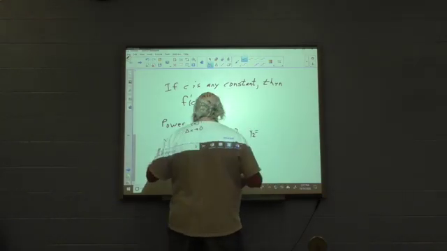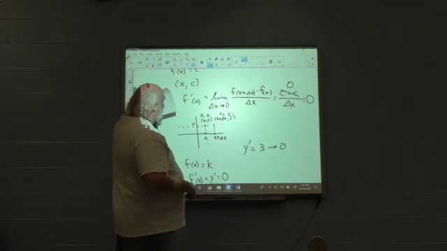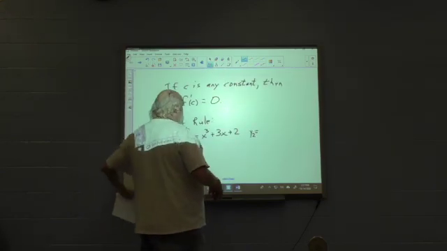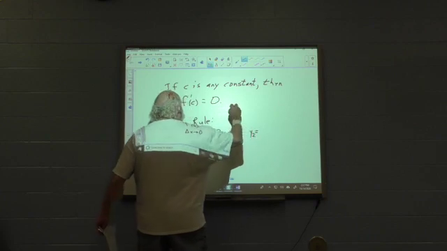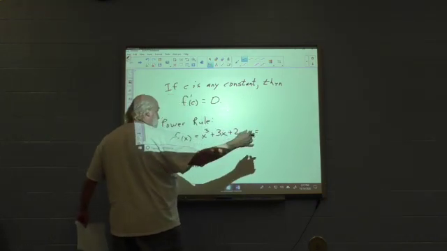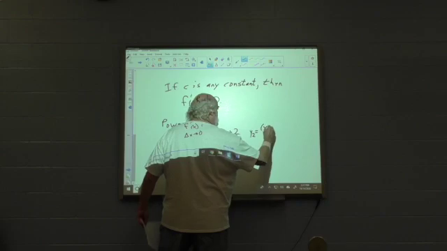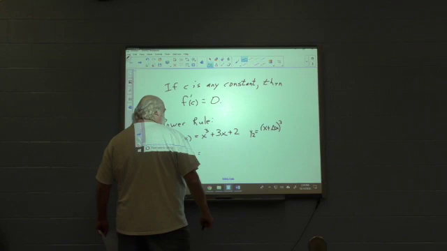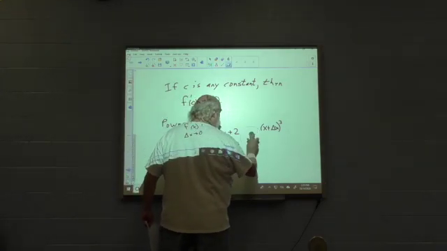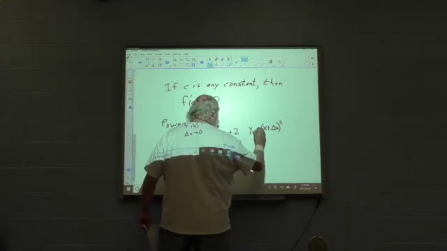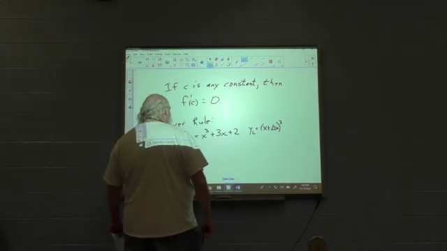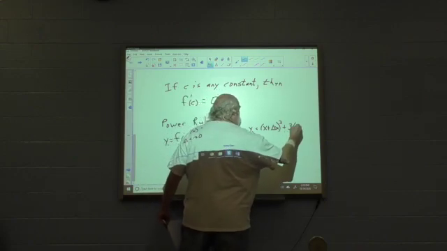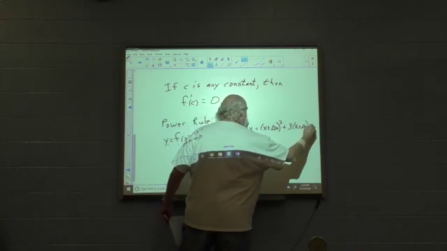So using the definition of slope that we used up here, we're going to be using that. So f of x is going to be f of x plus delta x. So this is going to be x plus delta x cubed. This is not going to be a fraction. Plus 3 times x plus delta x plus 2.